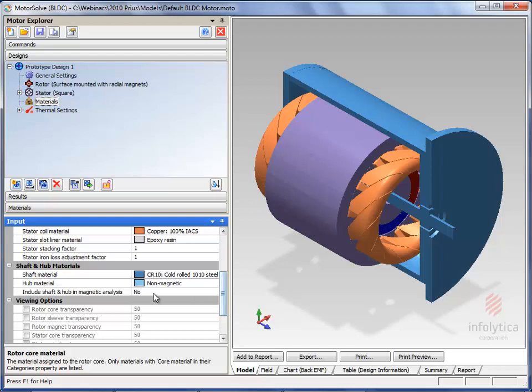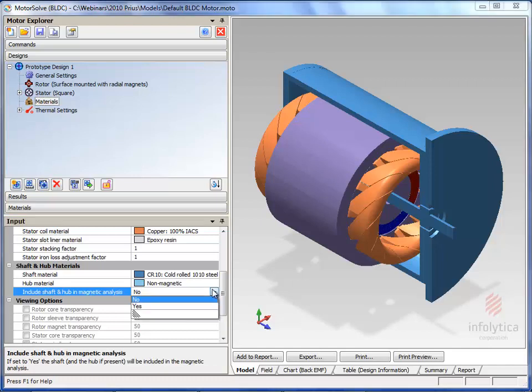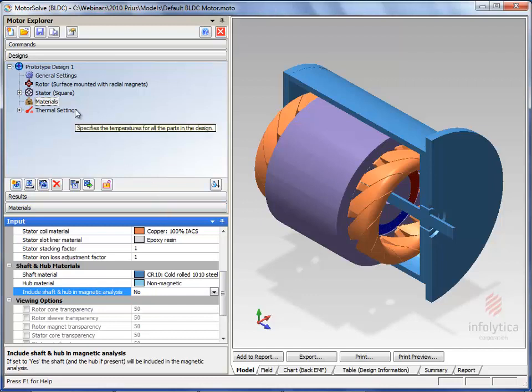And one last item to note, there are some machines where the shaft and/or the hub have impact on the magnetics, and you can toggle this pull down to yes if that is indeed part of the configuration and concern that you might have for your material or for your motor.